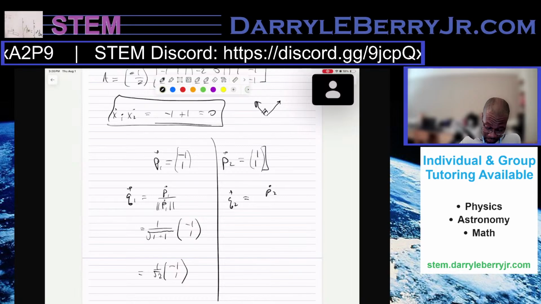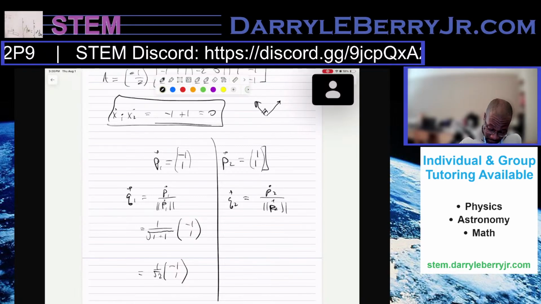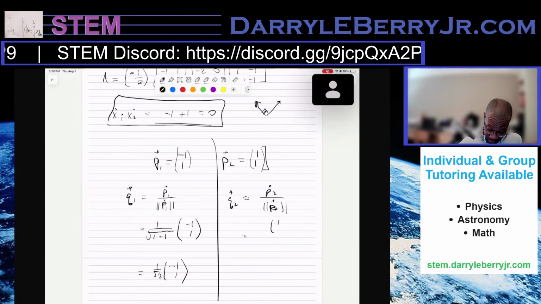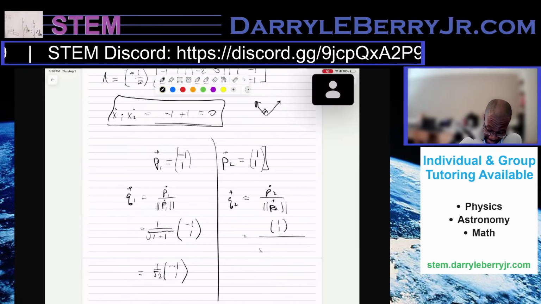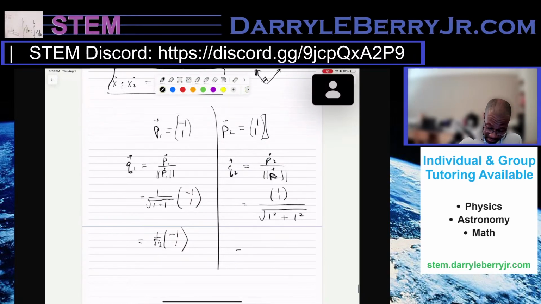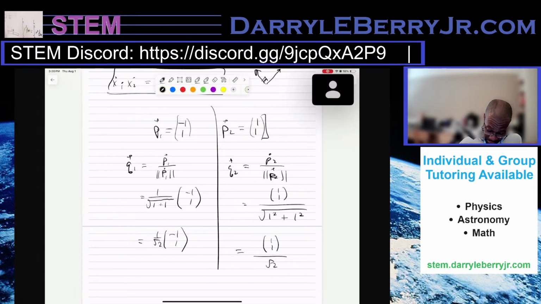It's going to be P2 over the magnitude of P2. To do this one out fully this time, this is 1, 1 over the square root of 1 squared plus 1 squared. So this is going to be 1, 1 over square root of 2.